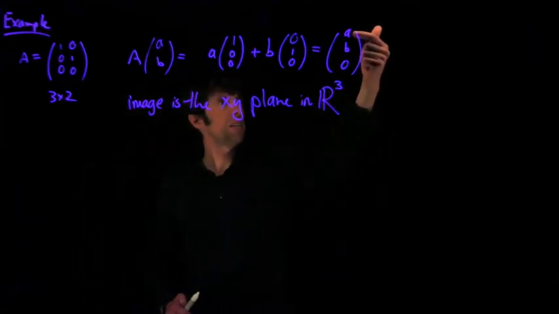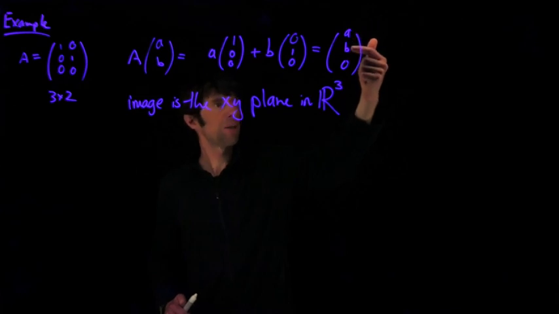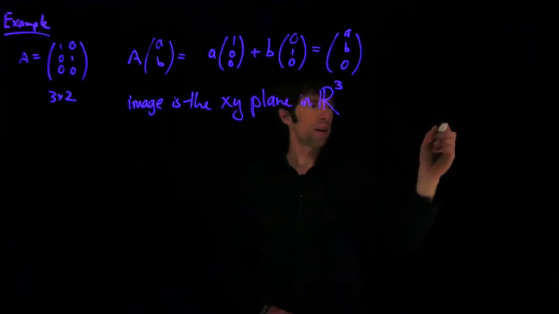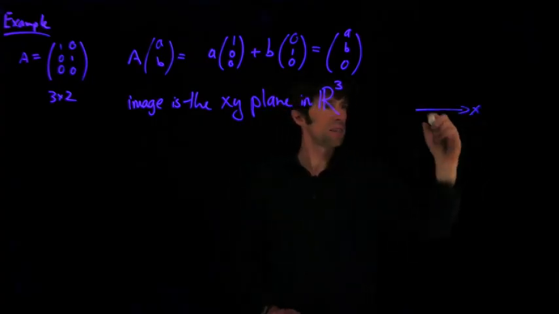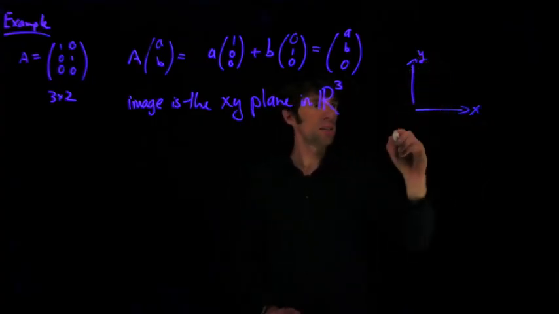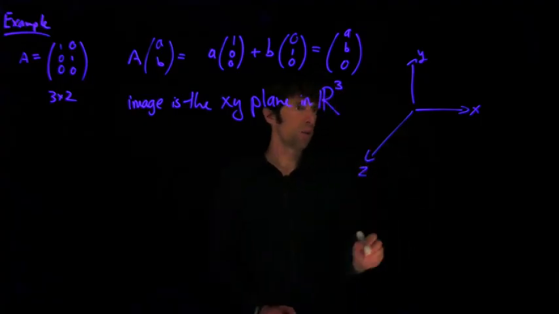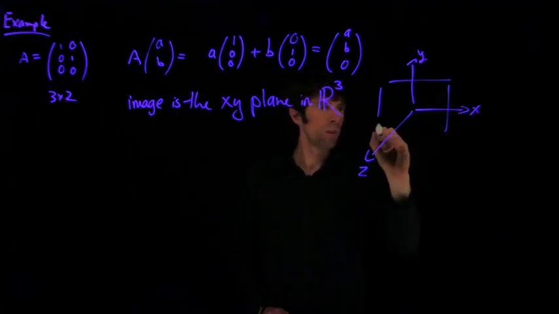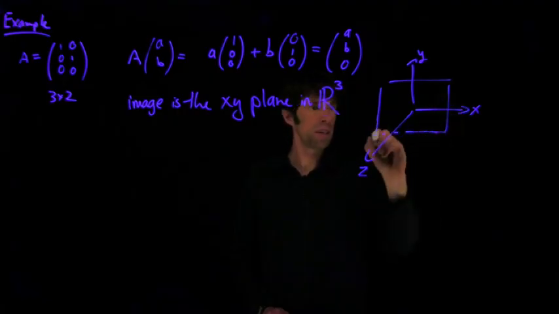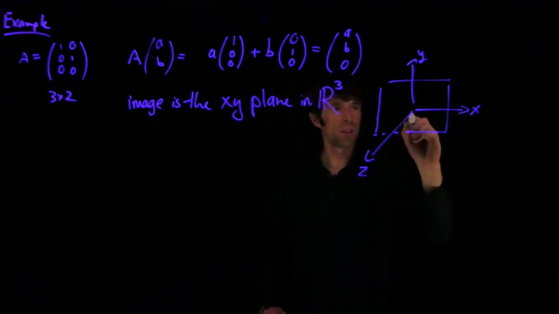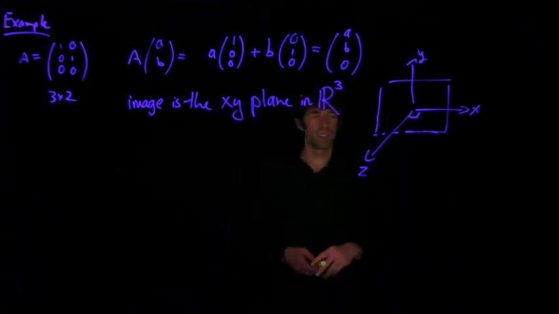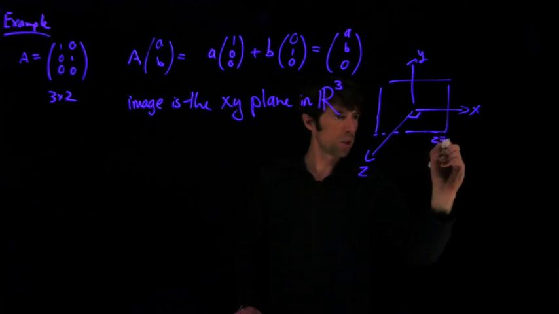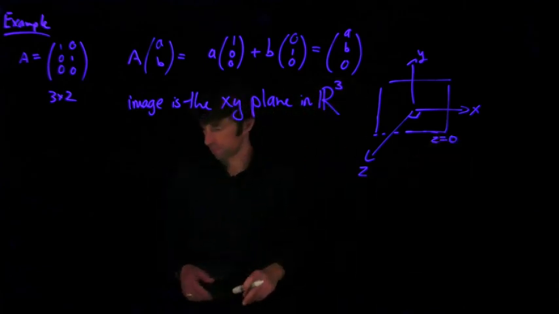I can have any value for the first component, any value for the second component, and the third component has to always be 0. So if my x-axis is going that way, my y-axis is going that way, and my z-axis is going that way, then it's this plane back here, which is perpendicular to the z-axis. So the xy plane, it's everything where the z-coordinate is equal to 0.